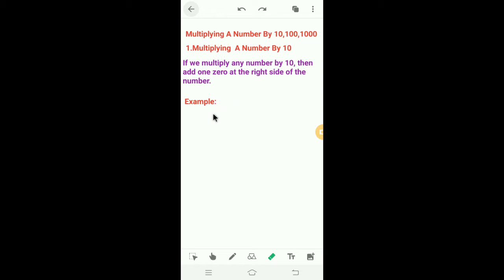For example, 251 into 10 is equal to, write given number as it is and add one zero at the right side of the number. 251 into 10 is equal to 2510.